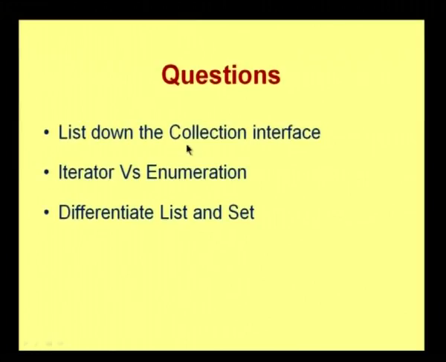From this session we will be able to answer questions like the list of collection interfaces available, and we can also differentiate iterators and enumerators, and differentiate between list and set. In later sessions, as I already told you, this is available in your util package, and we will see what other classes are available in the util package, which is very important for your Java application development.